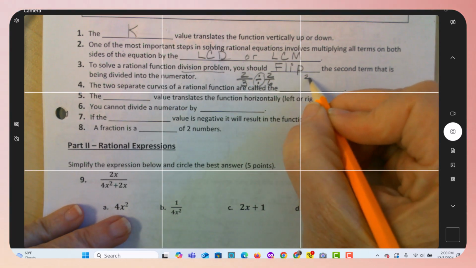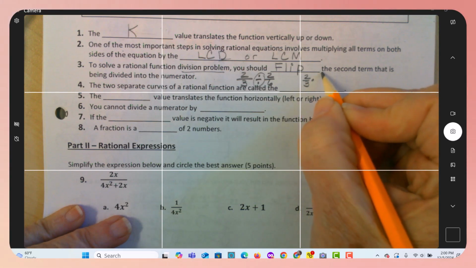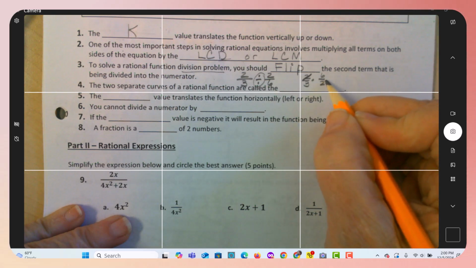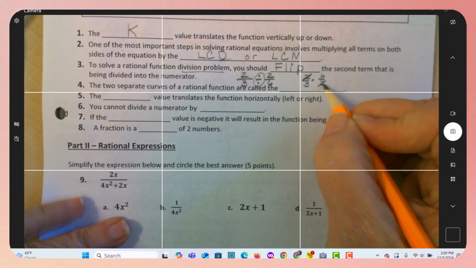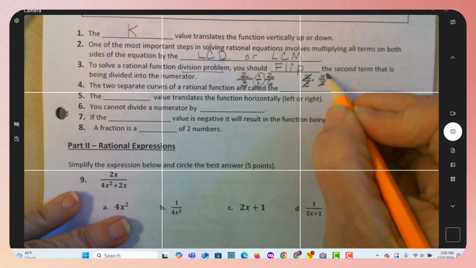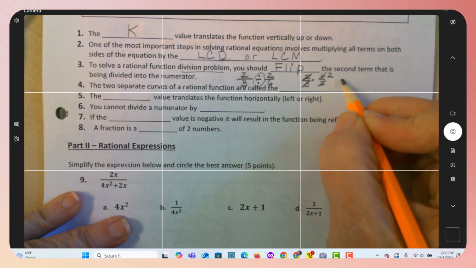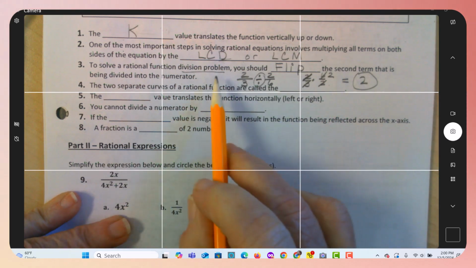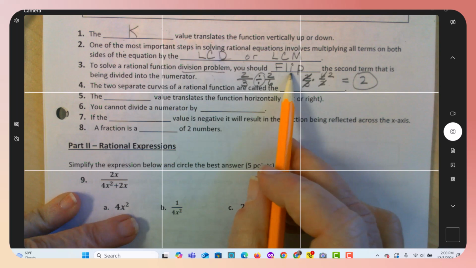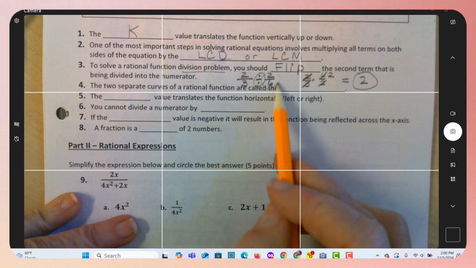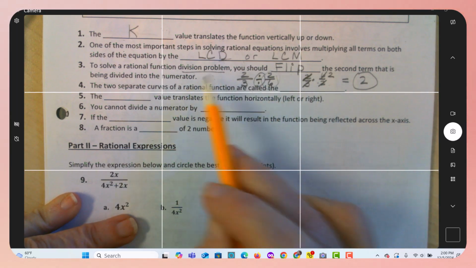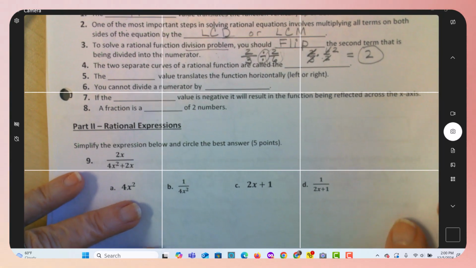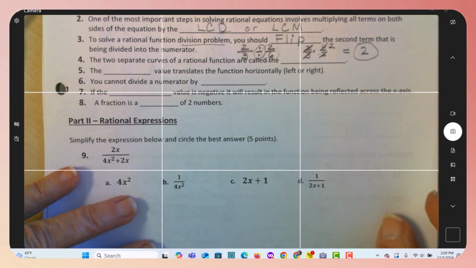So it would be 2/3 times 6/2. And then you could cancel out the 2's because 2/2 is 1. And then you could divide 3 into 6. And all you would be left with is 2/1. So division of fractions involves flipping the second term. So we flip that second term and then we multiply. All right, it's just the wording sometimes is confusing.